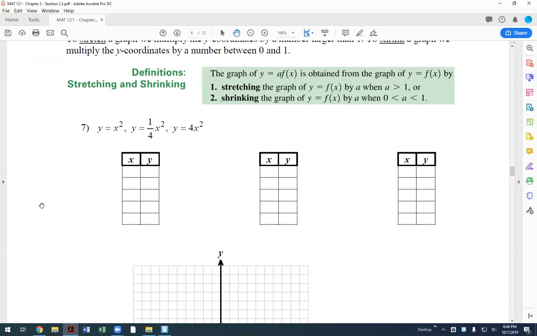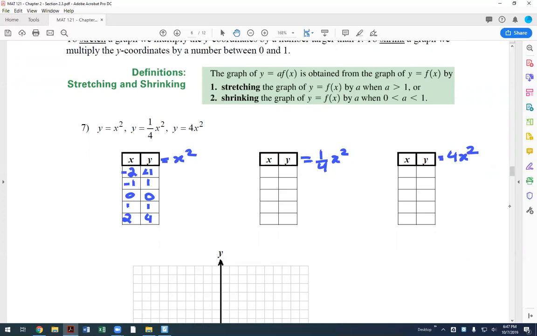Of course, for our y equals x squared function, we can use our standard 5 points. We'll do 1/4 x squared here. What should those x and y values look like? Can I use the same x values?